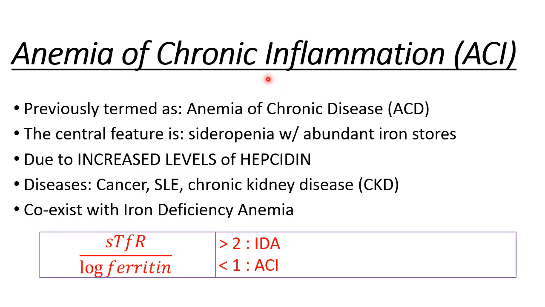Okay, unahin natin ang ACI, no? In some books, mababasa nyo pa rin, ACD yung kanilang term. Parehas lang naman yan, no? Anemia of chronic inflammation or disease, pwede yan i-apply. The central feature of this disease is sideropenia with abundant iron stores.